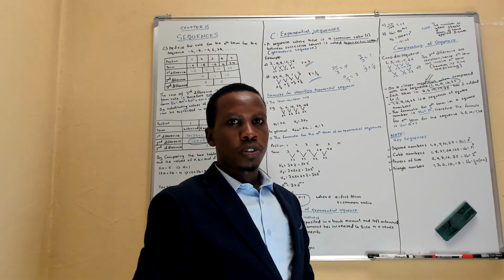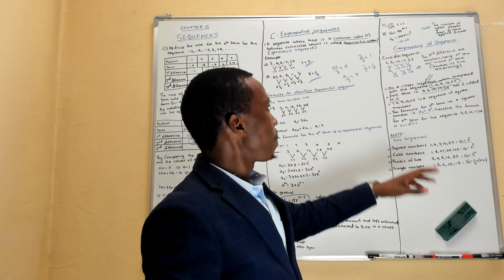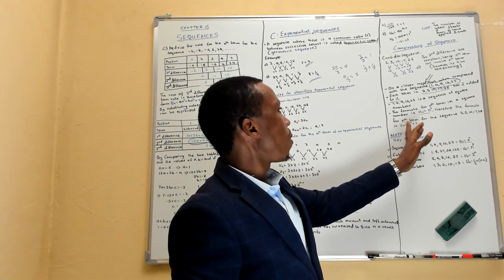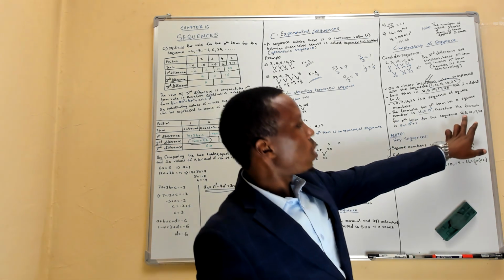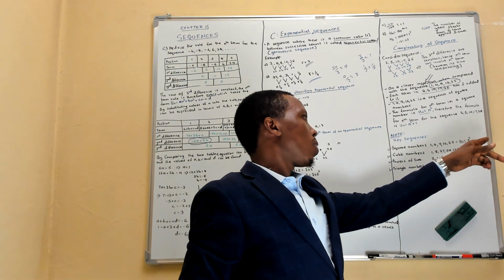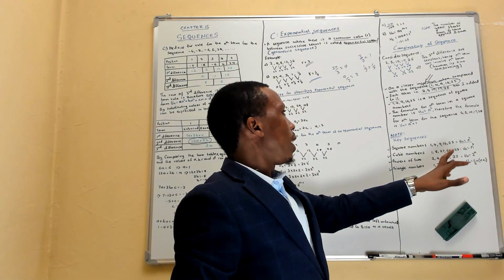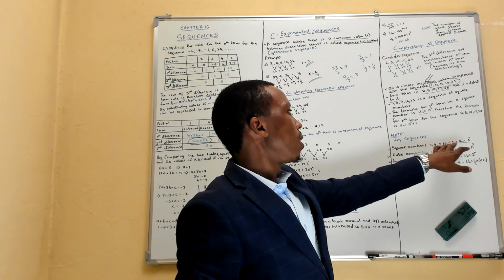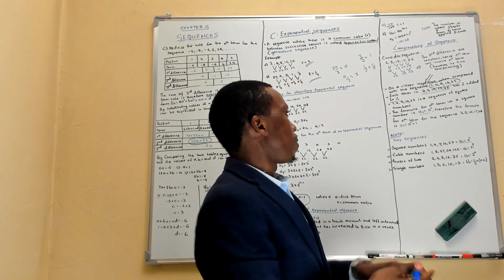So that is something you should know by heart. Therefore, the formula of the nth term for the sequence 2, 5, 10, 17, 26 is the formula of a square number plus 1.